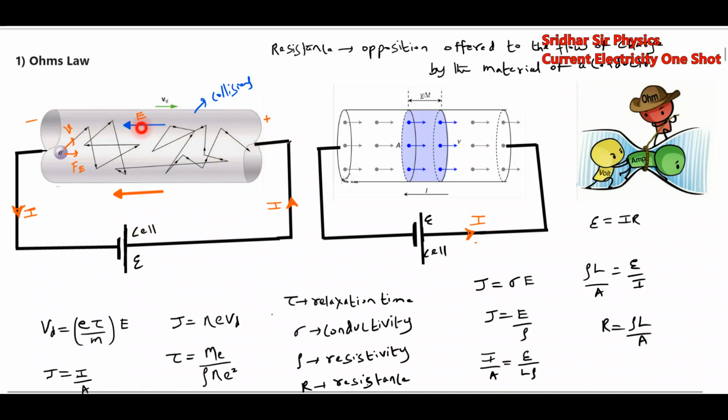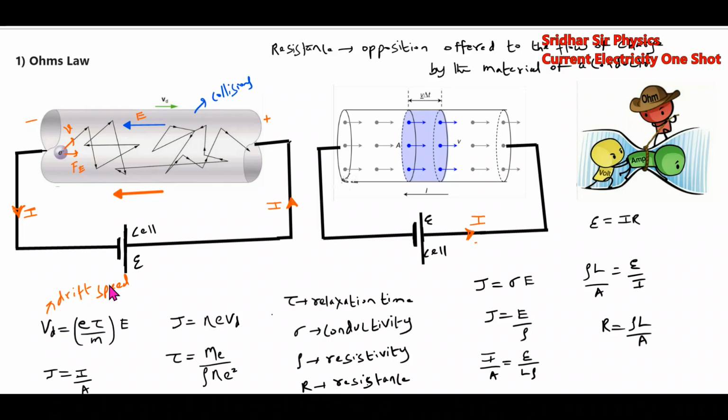This electrostatic field vector exerts a force on the electron. Due to this force, it starts drifting, moving from left to right gradually with a speed called the drift speed. This drift speed is defined using this particular formula.